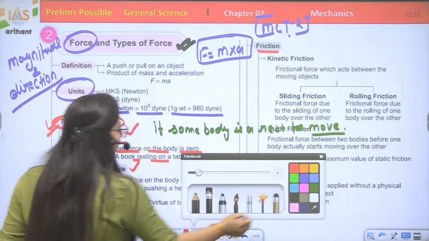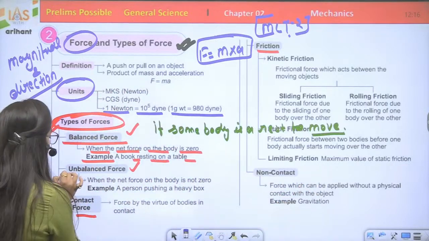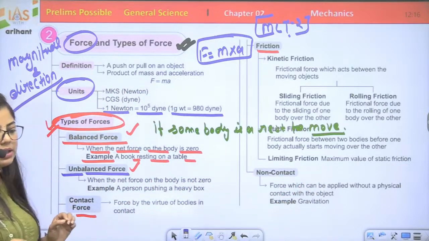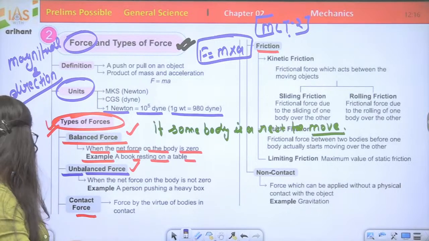Clear? Now comes the next force, the unbalanced force. What is unbalanced force?